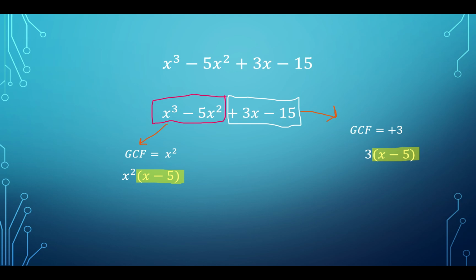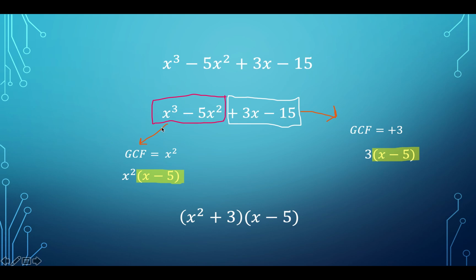Well, these right here, that's going to be one of the factors of the factored form. And then this x squared and this 3, we're going to group together. So it's going to be x squared plus 3 times x minus 5. If we wanted to go ahead and multiply all of this out, we would get this answer right up here back.